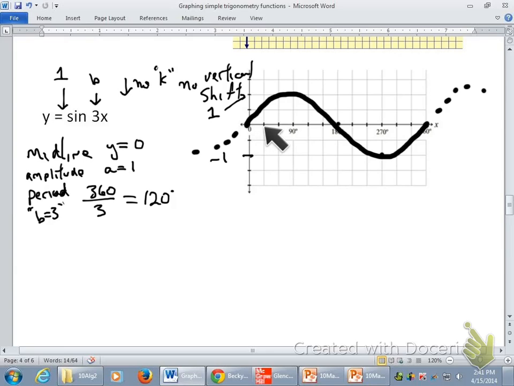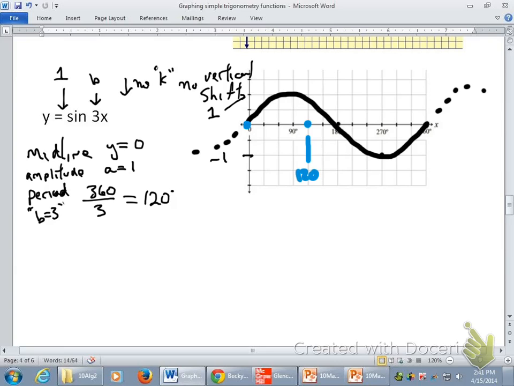That's 0, 30, here's 60, 90, 120. Right here is 120. So I need to start at the same spot, that's 0. I need to stop at 120. I have to get up and down and back again before I get to 120.